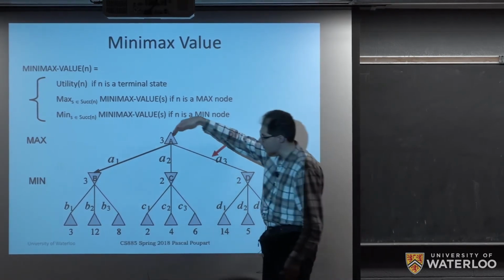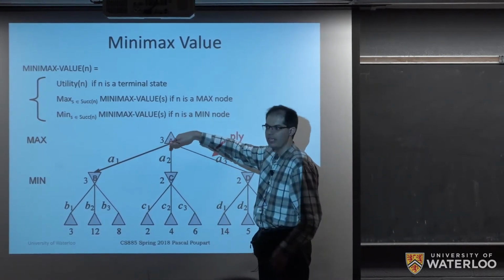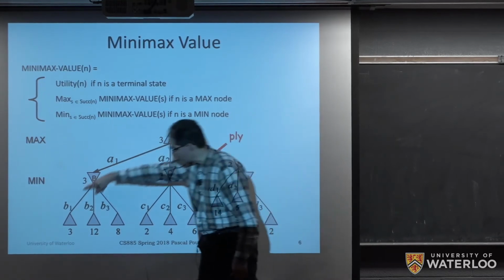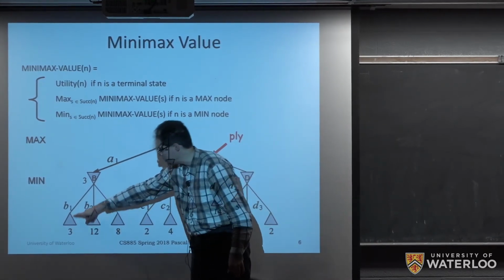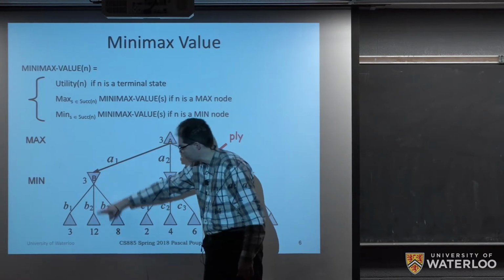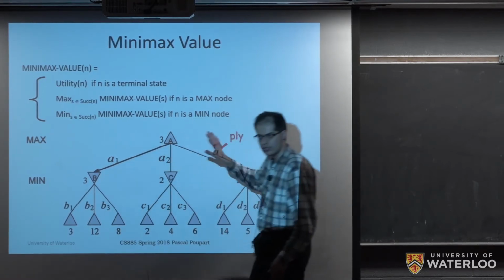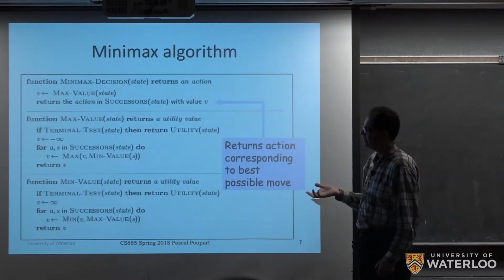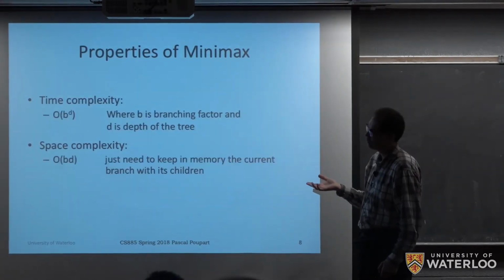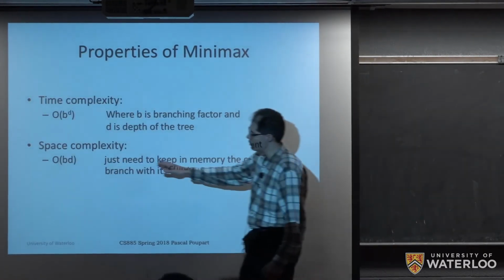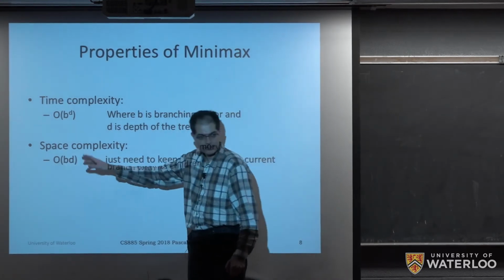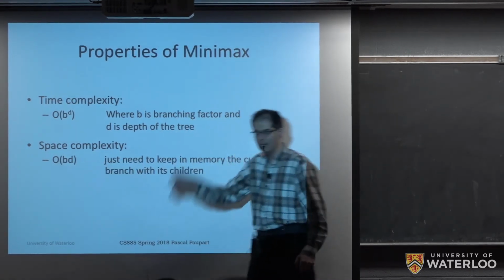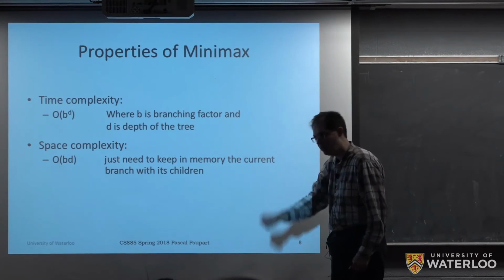But we can essentially go through the tree gradually by going depth first, finding out the value here, coming back, and then backtracking like this, always just maintaining one branch. If we do that, then the complexity is not so bad. So for space, we would just need a linear amount of space with respect to the depth, because we need to just expand one branch.